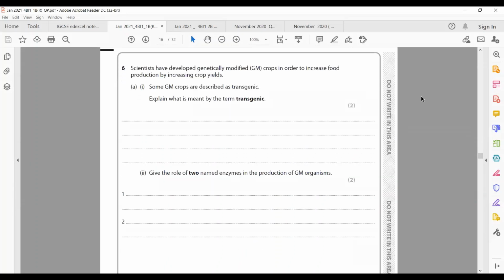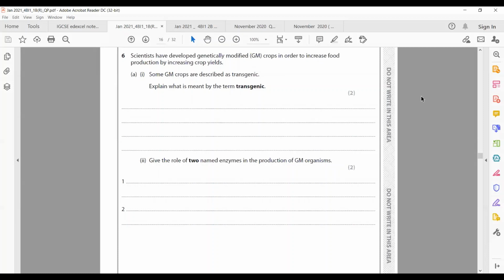Let's go to number 6. Scientists have developed genetically modified crops in order to increase food production by increasing crop yields. Some genetically modified crops are described as transgenic. Explain what is meant by the term transgenic.